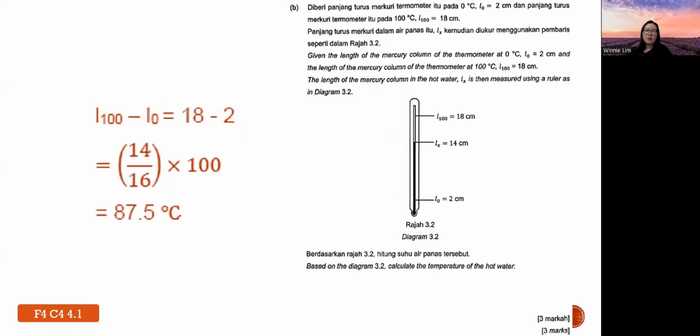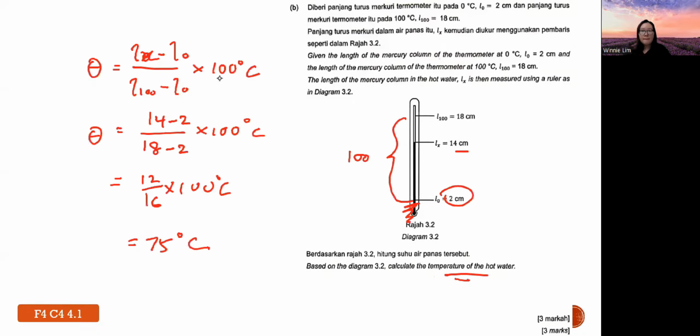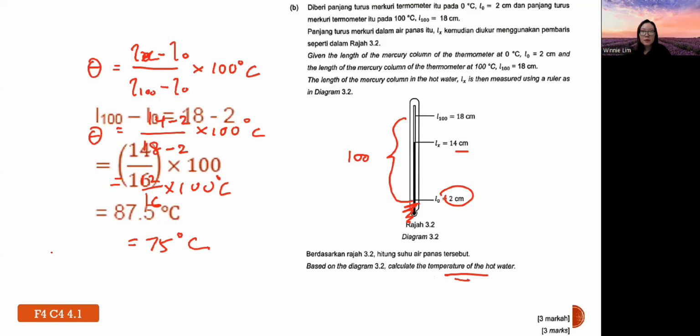Okay. Wait, I think the teacher made a slight mistake. Is it? Let's check. Let's just see, is the scheme wrong or the answer wrong?